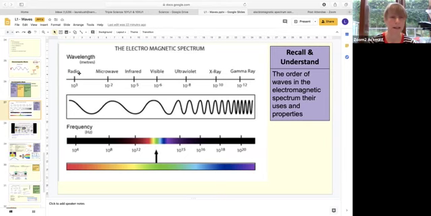We can see then that the radio waves have the longest wavelength. Remember, it's from any two points. So here we've got from peak to peak, or it could be from trough to trough, or even midsection to midsection across there. So you've got the radio waves right down to gamma rays, which are the very high frequency waves there. In the middle, we've got the visible light.